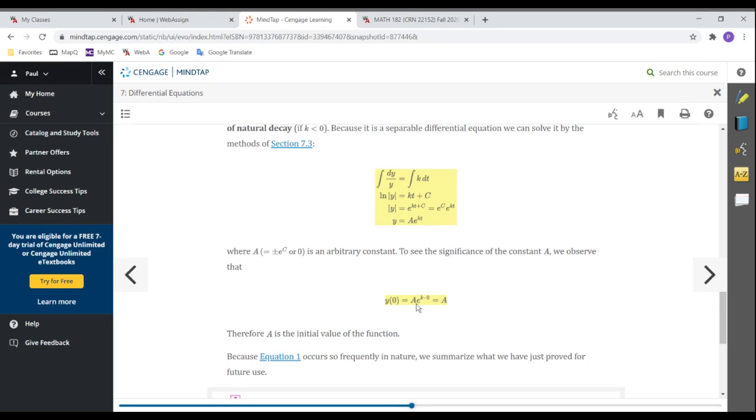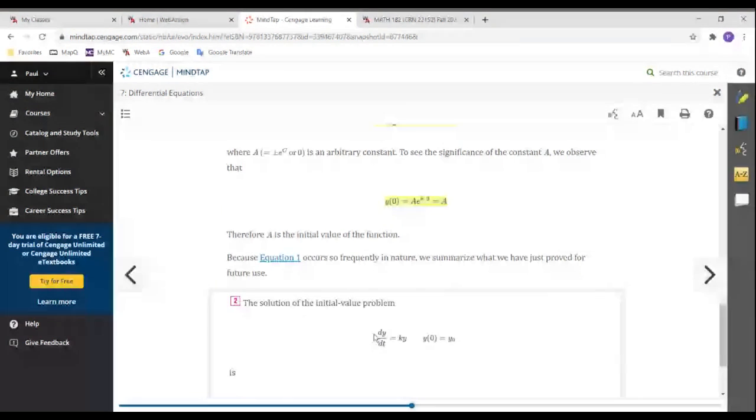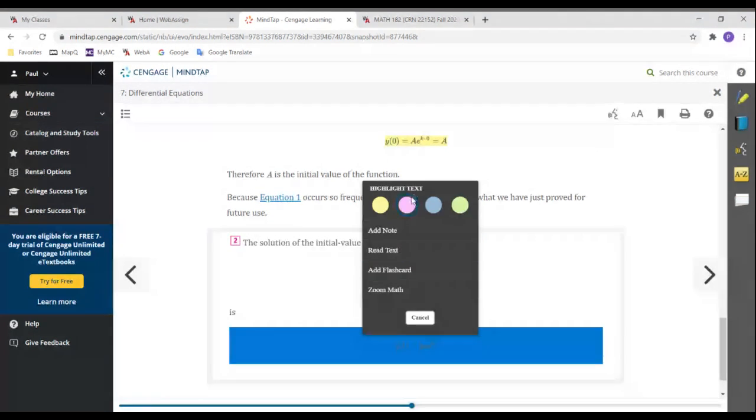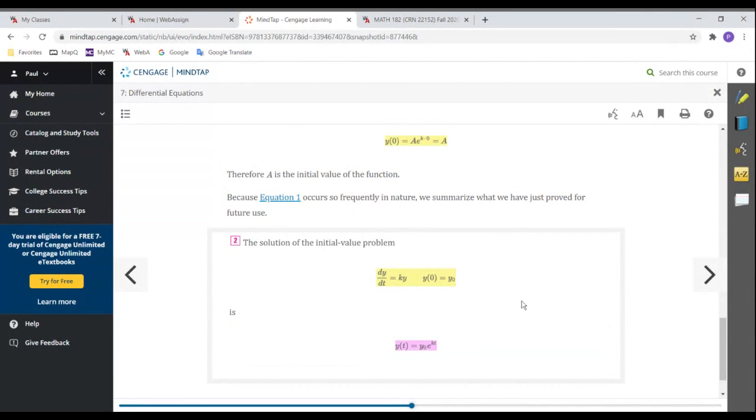So that means the value of a, that constant, is just equal to the initial value of the function. And therefore, the solution to the initial value problem dy/dt equals k times y, where y of 0 equals y naught, is going to be y of t equals y sub 0 times e to the kt power.